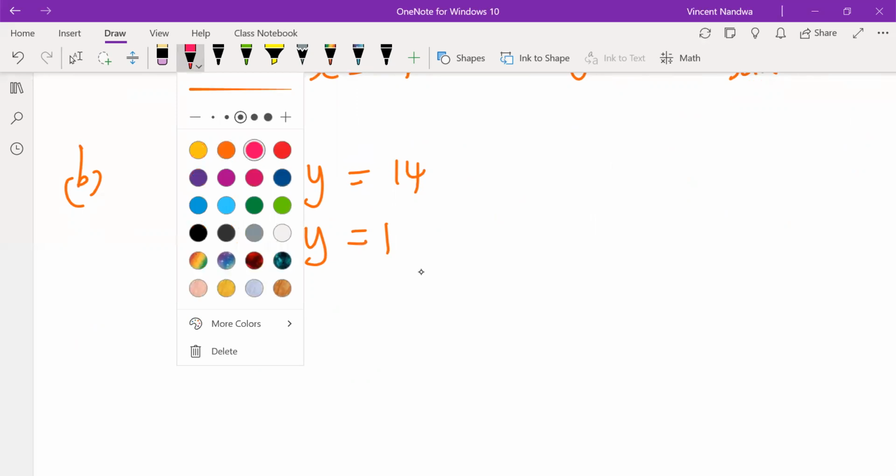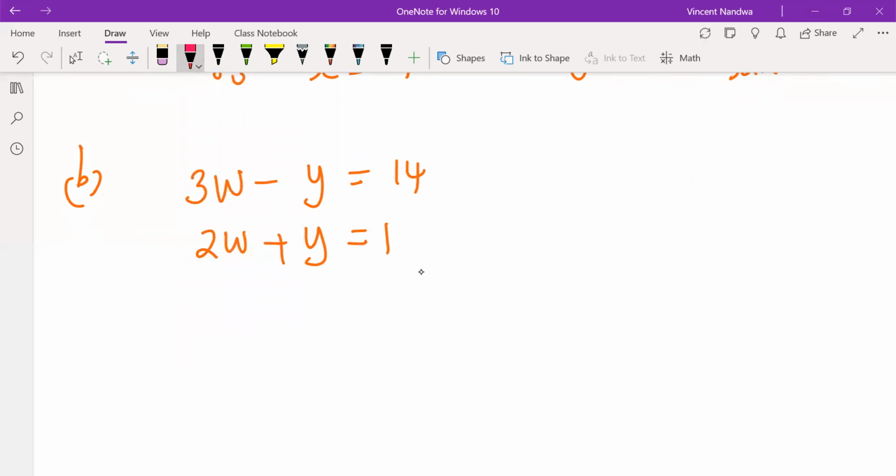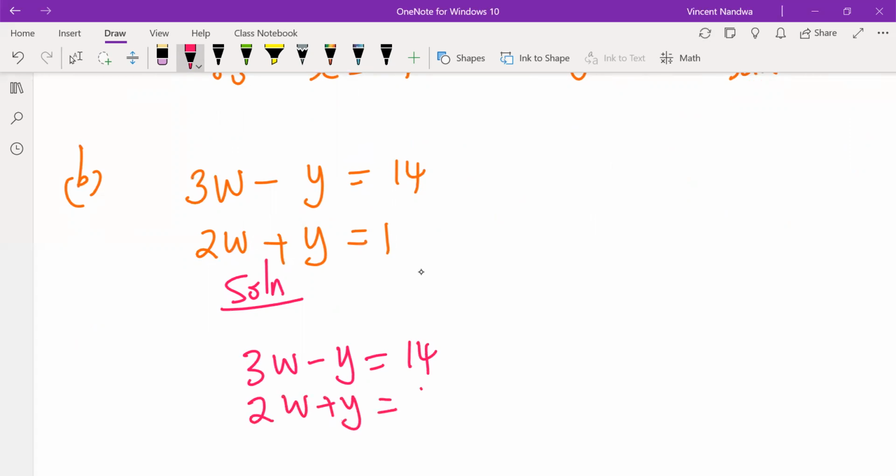Now, if we want to eliminate w, then we write 3w minus y equals 14, 2w plus y equals 1.